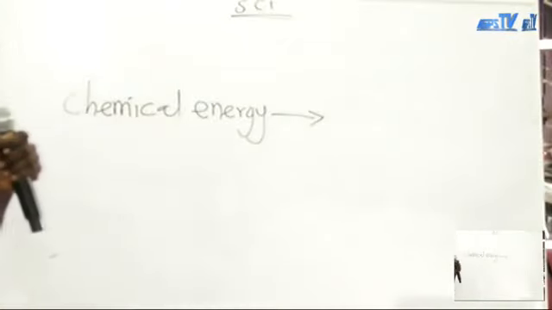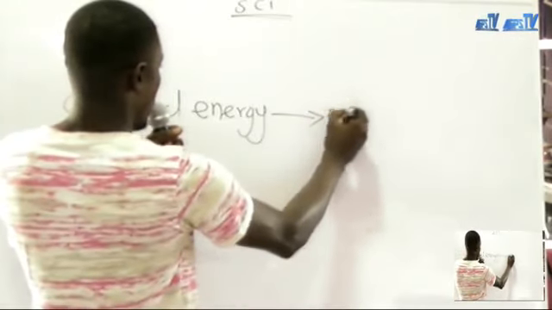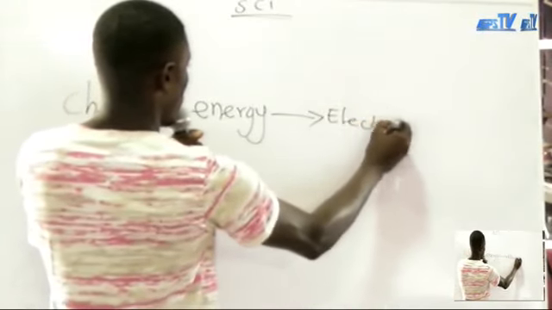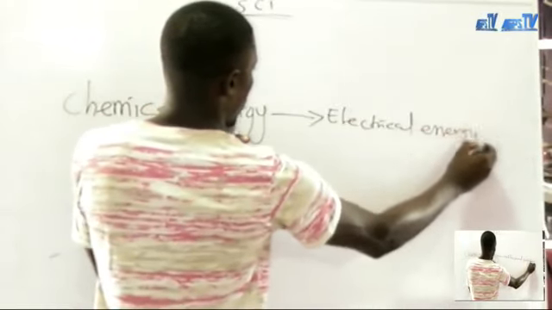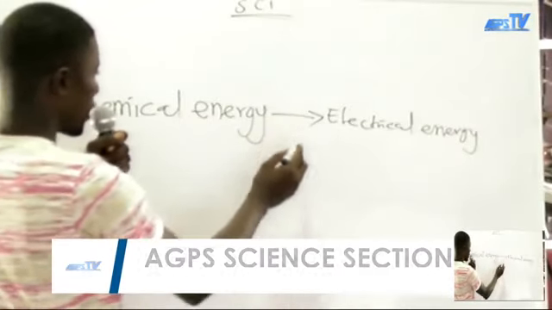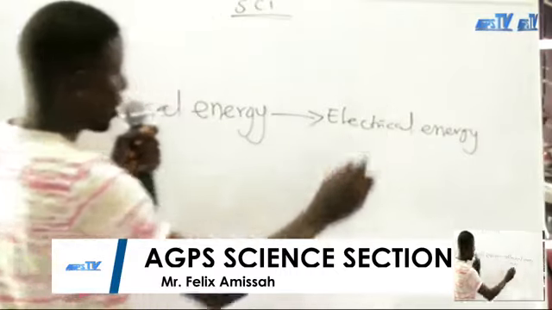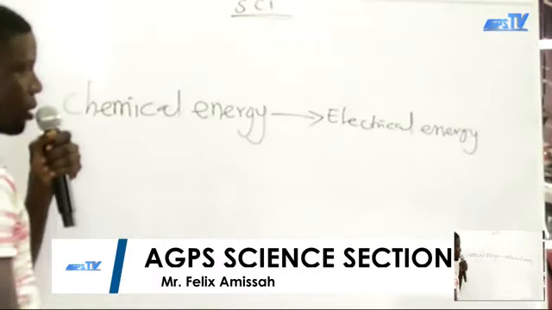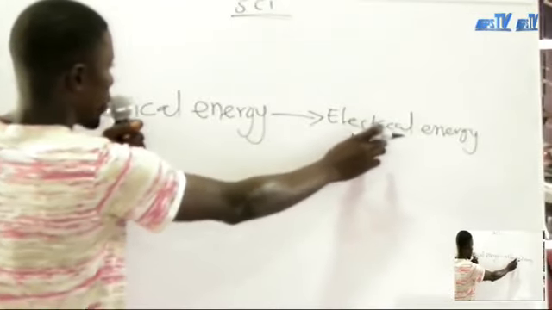Then you go to here, you write electrical energy here. So as soon as you write this arrow, it means that the chemical energy has been converted to electrical energy.